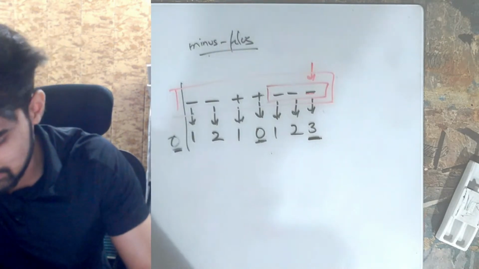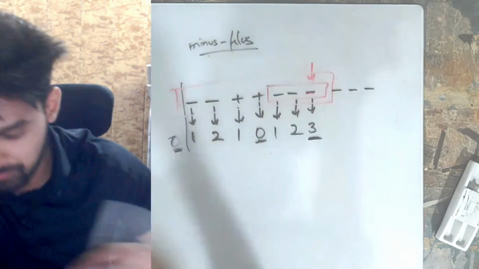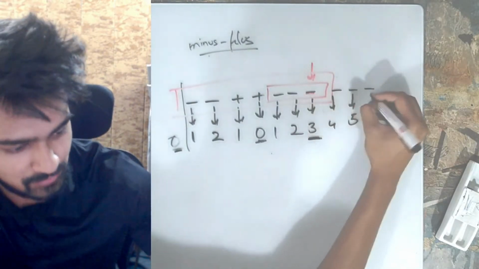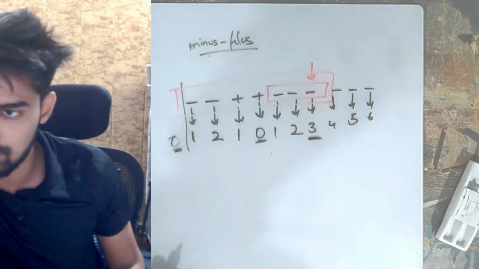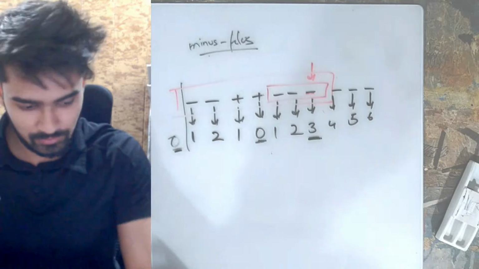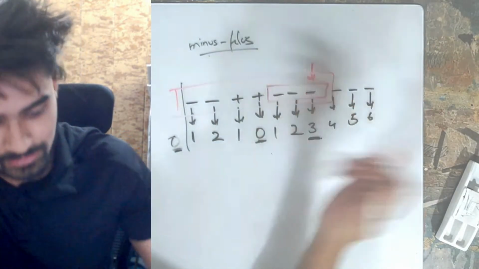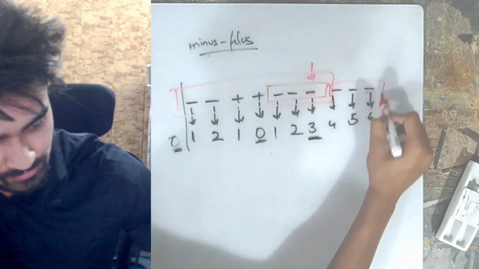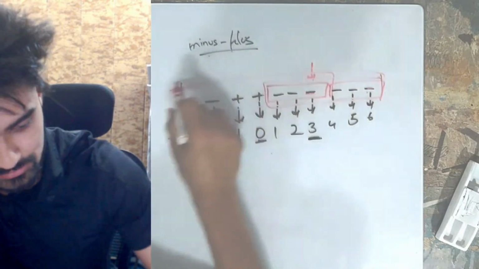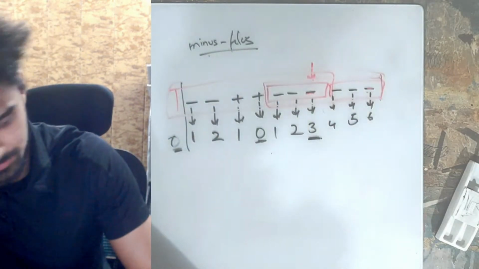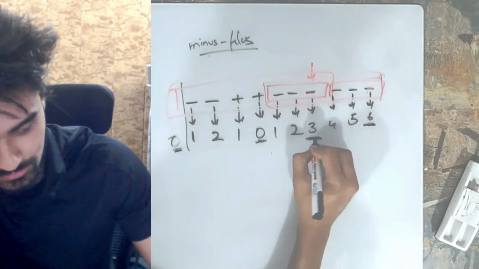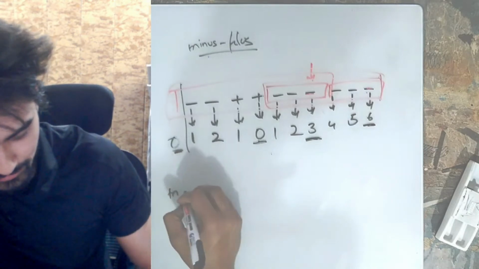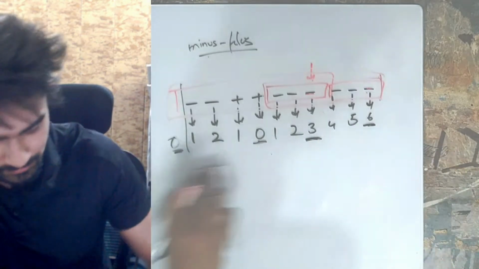Okay. Similarly, let's say we had 3 more minuses here. Then this would have been 4, this would have been 5, this would have been 6. Now, how many subarrays can we make including this sixth index? It is this subarray, it is this subarray, and it is the complete subarray. The reason is that for this 6, we'll consider this 3, this 0, and this 0. Let's write it as m minus p.